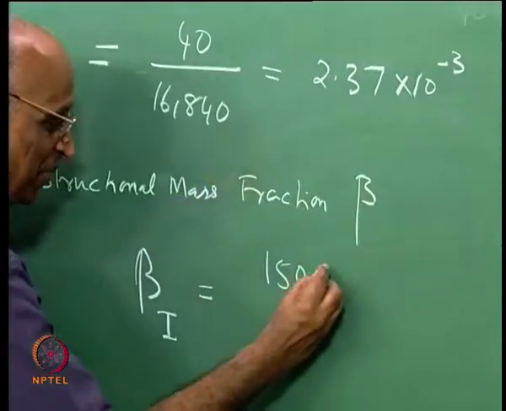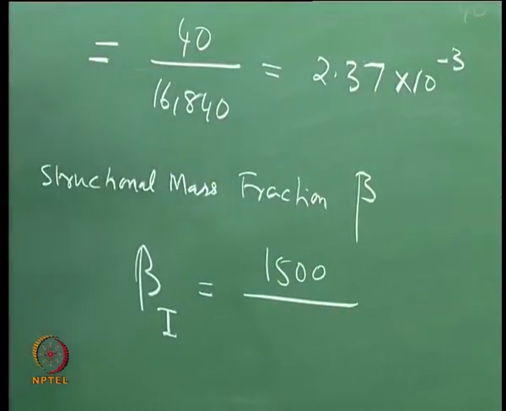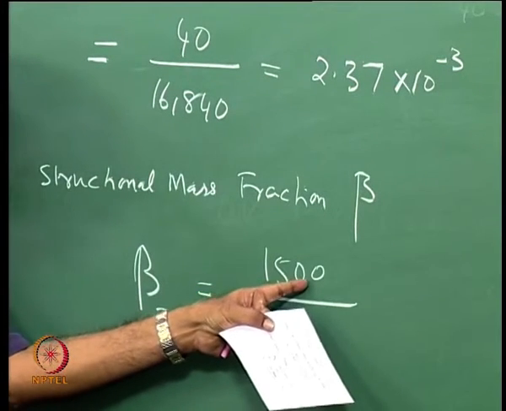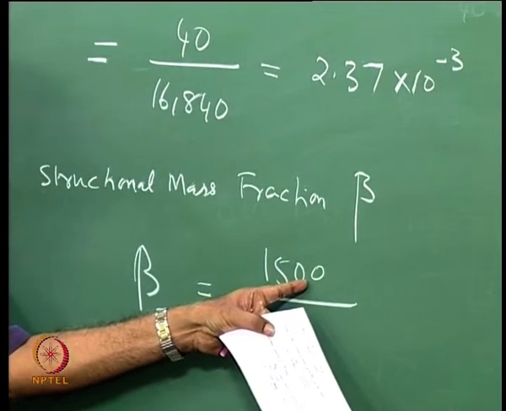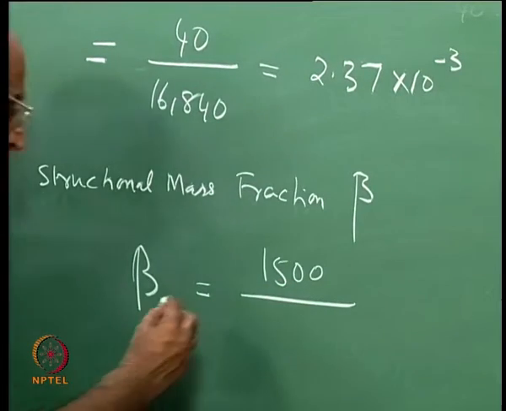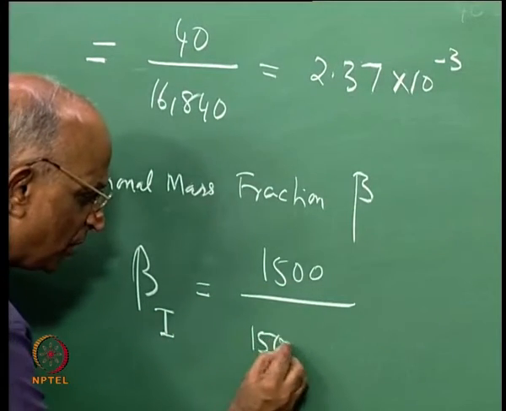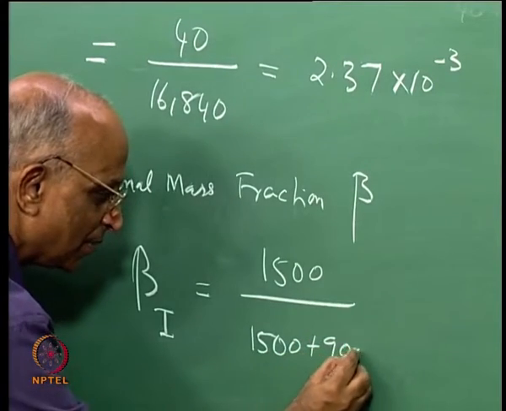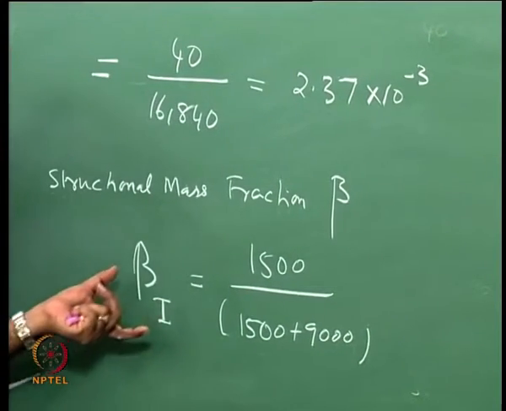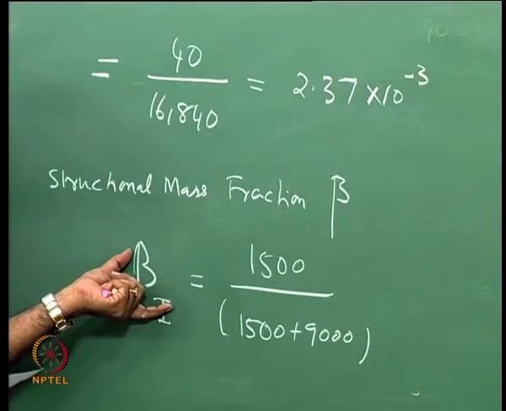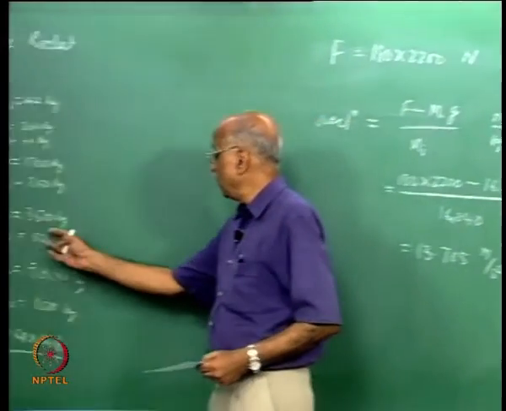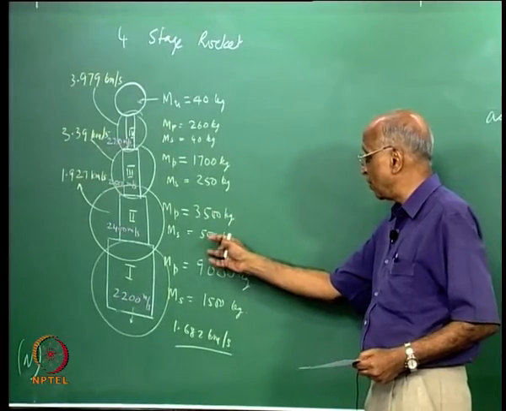here we should be a little careful. I am asking for the first stage. The first stage consists of 1500 kg as structural mass and the balance 9000 is the propellant mass. Therefore, the total mass of the first stage is 1500 plus 9000, and this is the structural mass fraction of the first stage alone. If I consider the second stage, it is going to be something like 550 divided by 3500 plus 550.